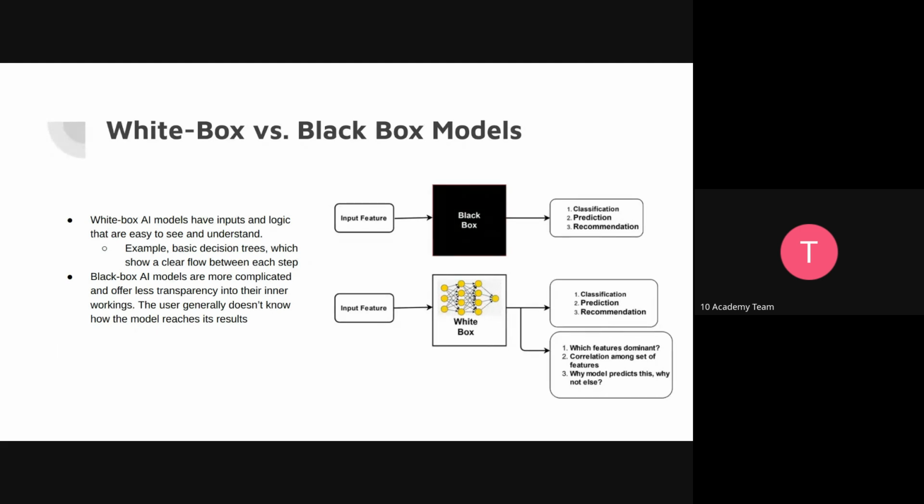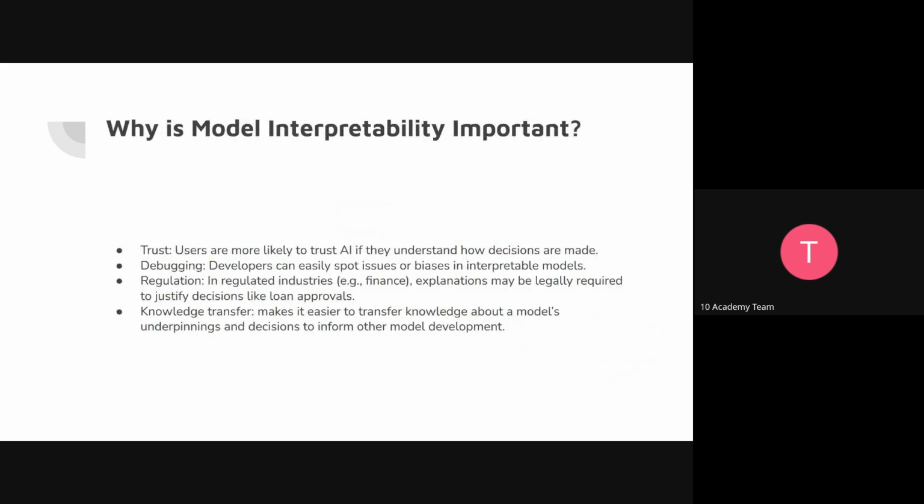A white box is when you understand the steps in detail, or at least understand which features were important, what the correlations and causations are, what caused this result to be this, even if you don't understand the intricate steps in the middle.